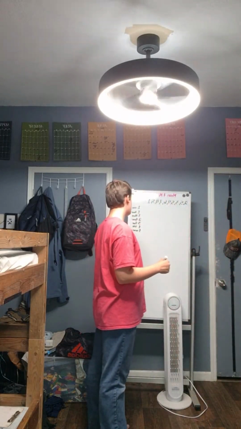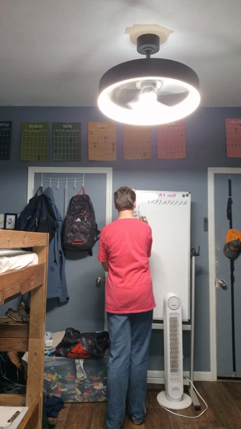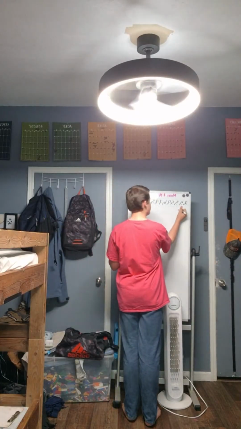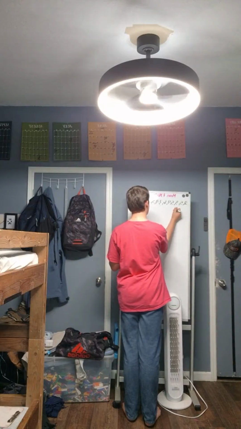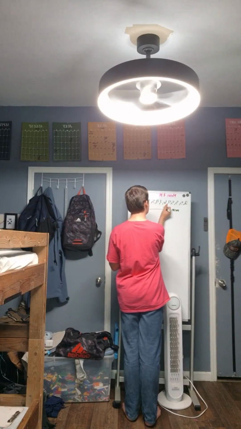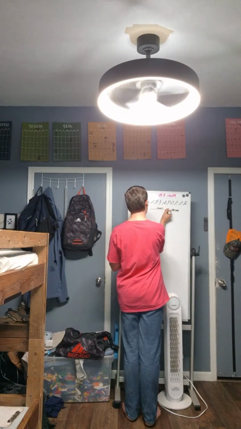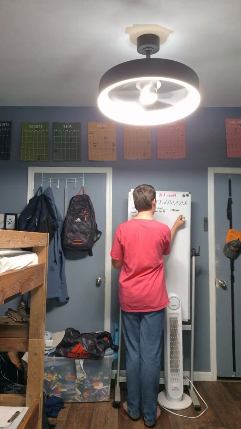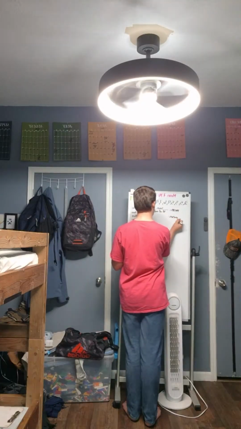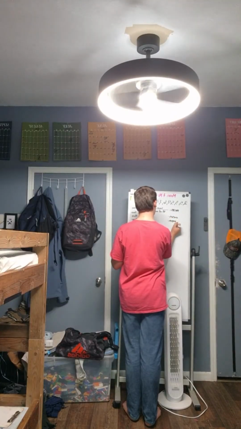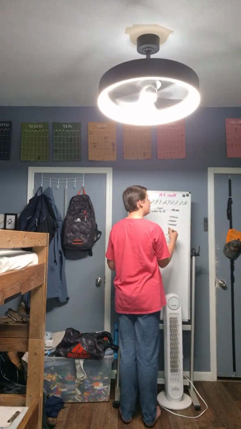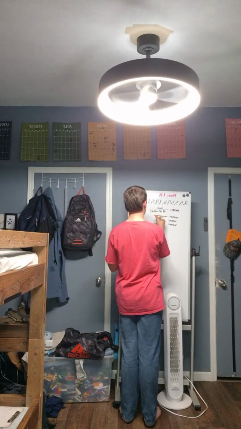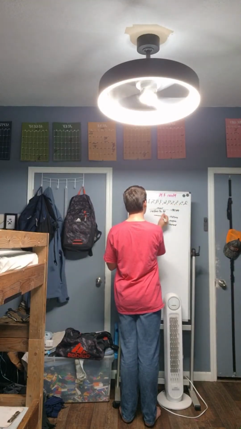So mean is the sum divided by the number of entries. The number of entries is 1, 2, 3, 4, 5, 6, 7, 8, 9, 10, so 10.